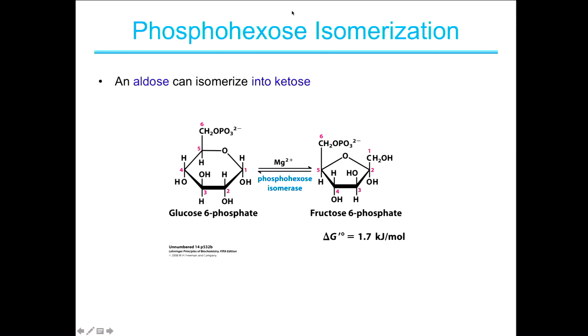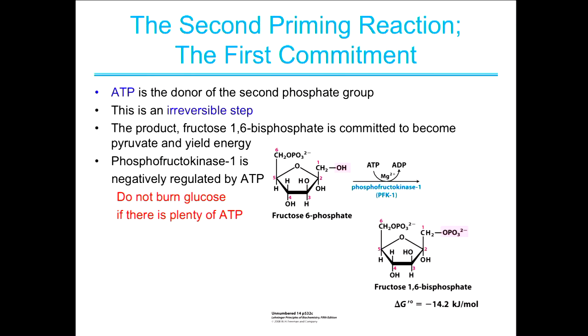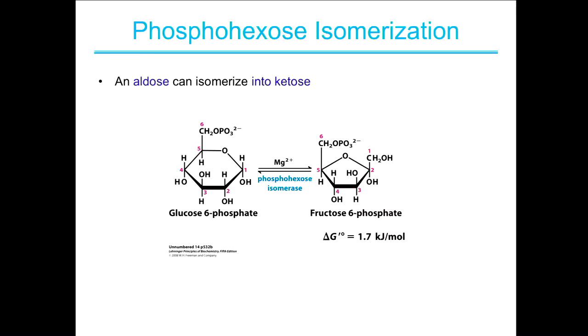That's what an isomerase does. It moves things around, but we don't add or subtract a phosphoryl group or carbons or anything like that. And we're not going into the details of this reaction.